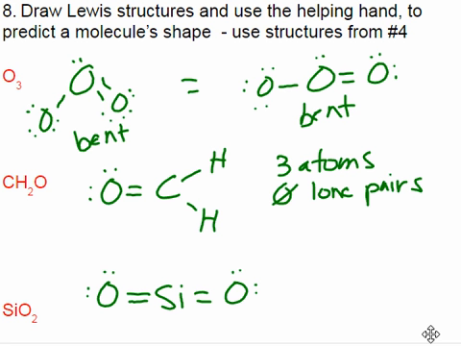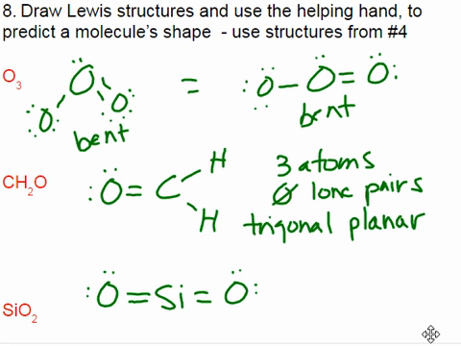That's 120 degrees, but what would the shape look like if all 3 of them could be as far away as possible? This is what we call trigonal planar. It's forming a triangle, the 3 atoms attached to the center atom. These 3 atoms form a triangle around the center atom, and they're all in one plane, keeping them as far away as possible.